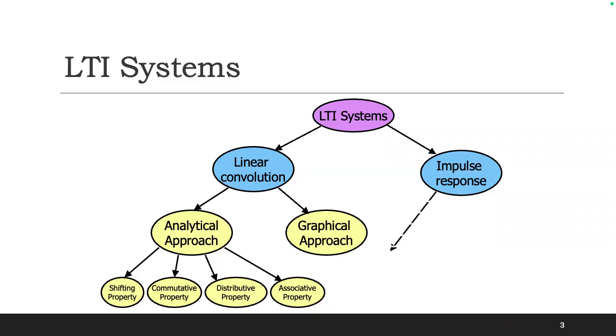And for the impulse response, if we want to tell whether the LTI system is causal or not causal, stable or not stable, do we need to care about the input signal? How can we tell?